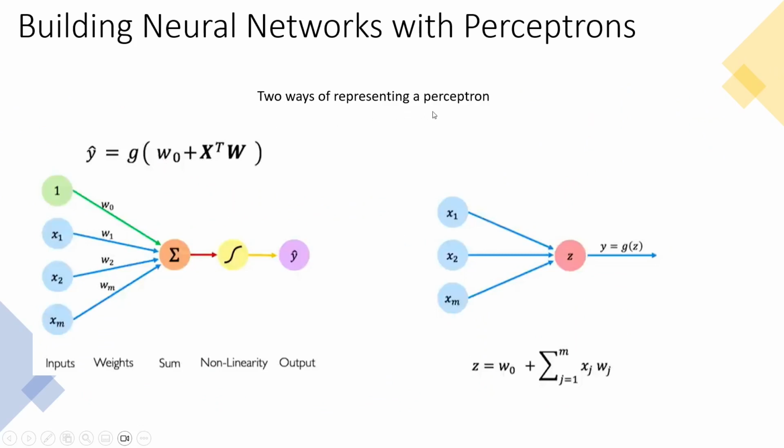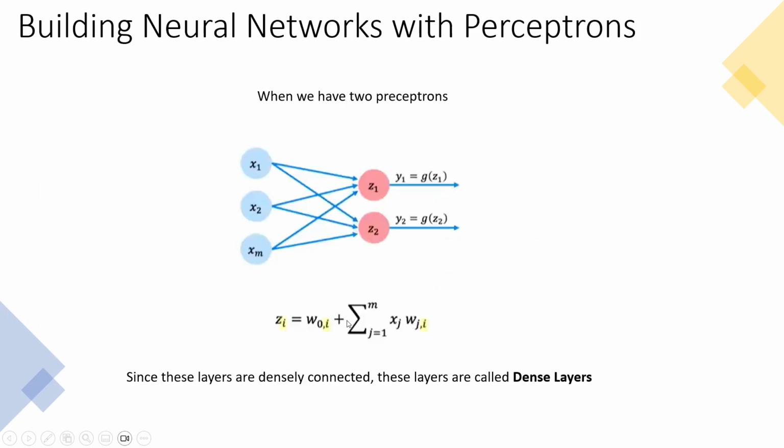So there are two ways of representing the perceptron. We can use this equation, or we can use this kind of equation. And there is this concept of dense layers and sparse layers. In this lecture, we will be focusing on the dense layers.